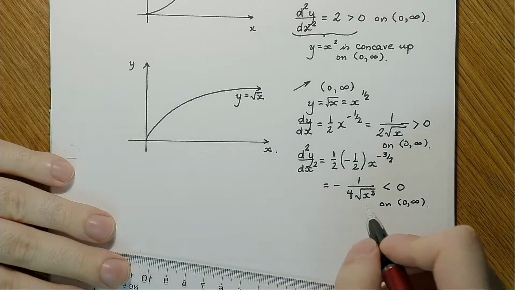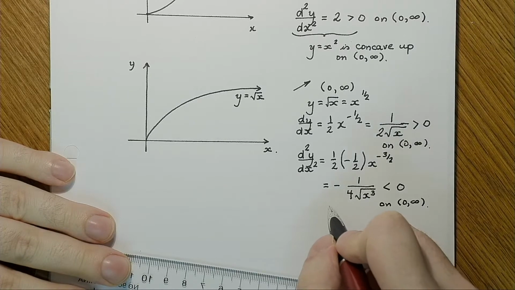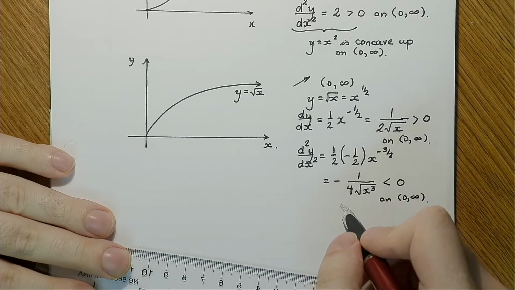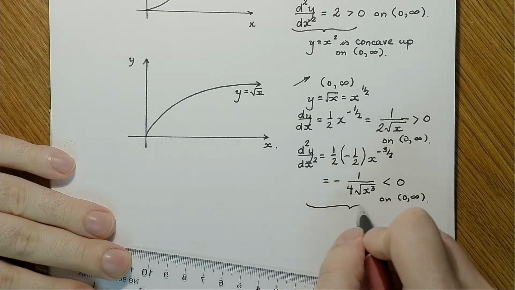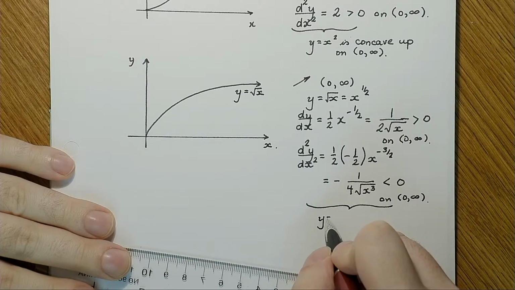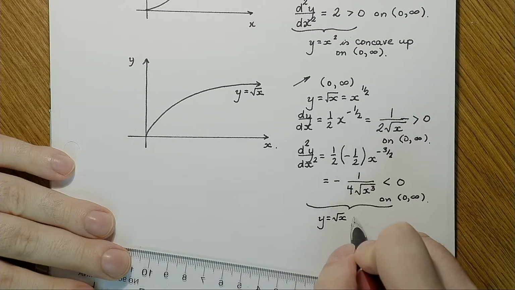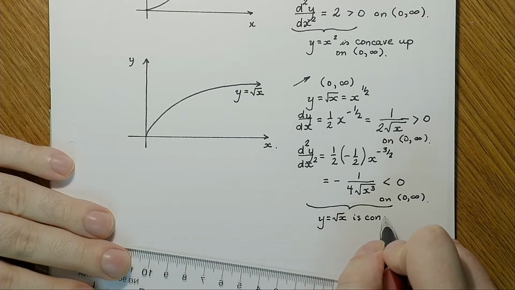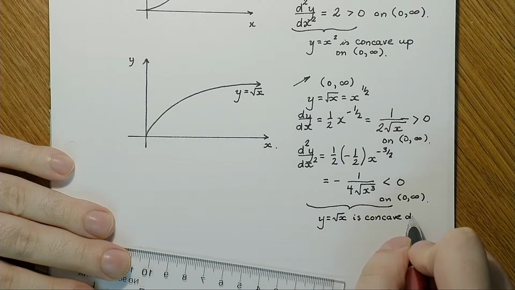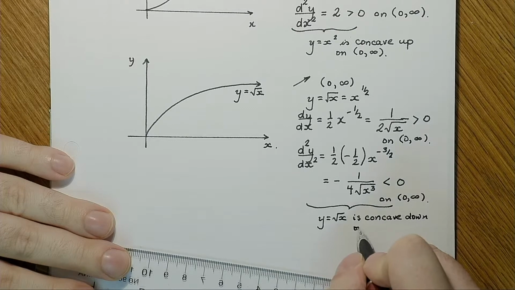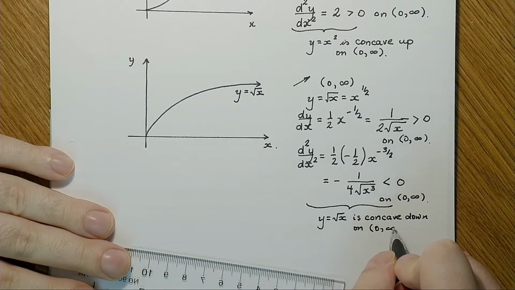So that means y equals the square root of x is concave down on the interval 0 to infinity.